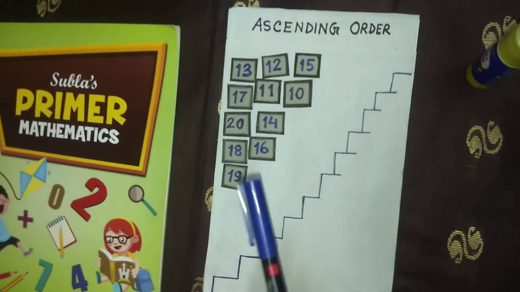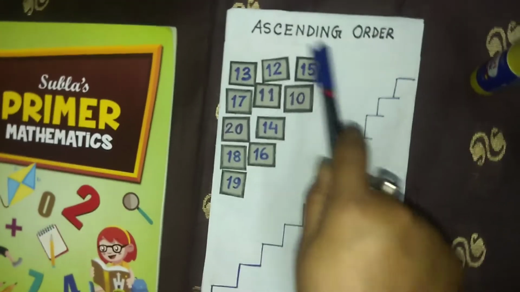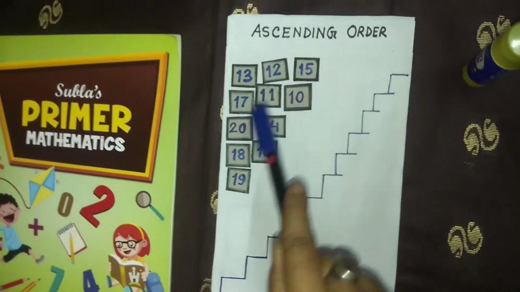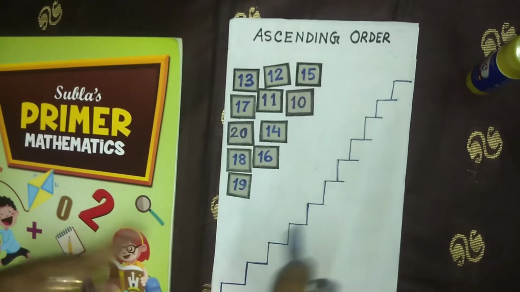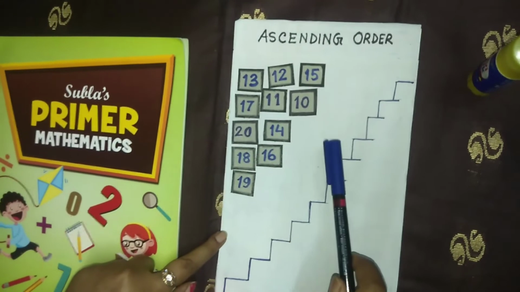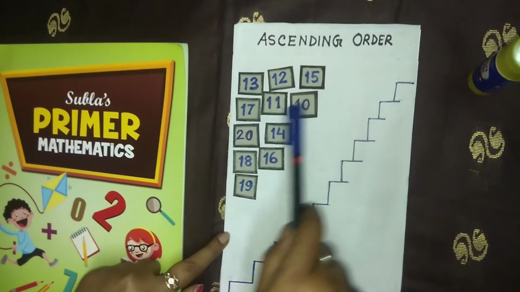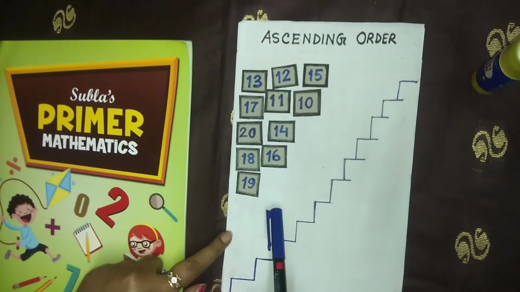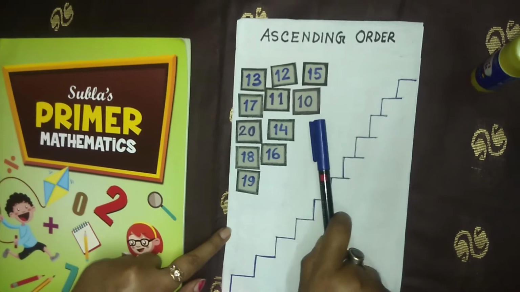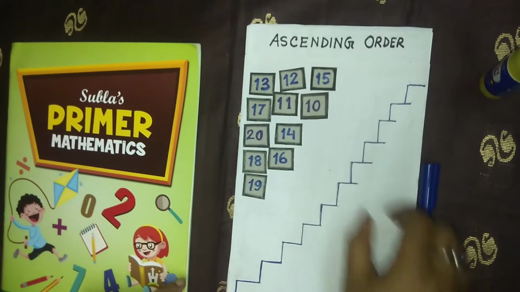First, we find what is the smallest number in these numbers. Which one is the smallest number? Look here, yes, 10. So 10 is the smallest number.